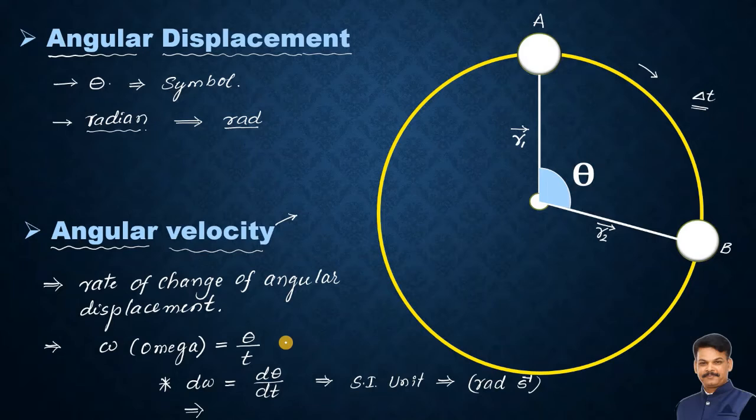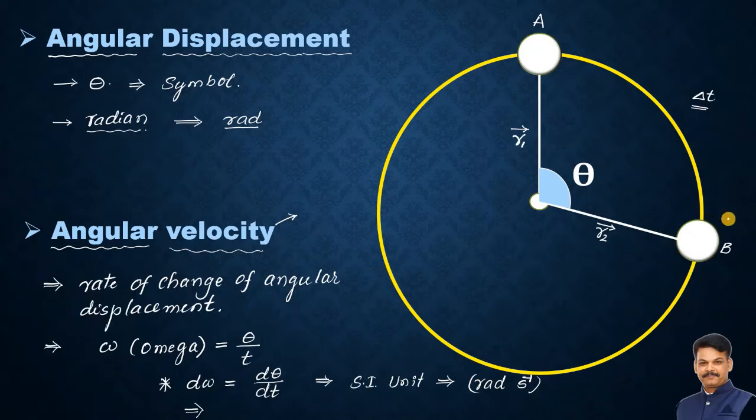At every instant of time, the object will be having its own direction. So assume that in this particular case, in the figure, the object is moving in the anti-clockwise direction, right?